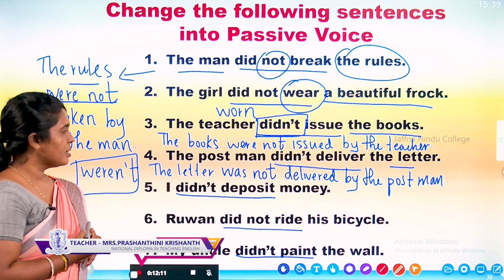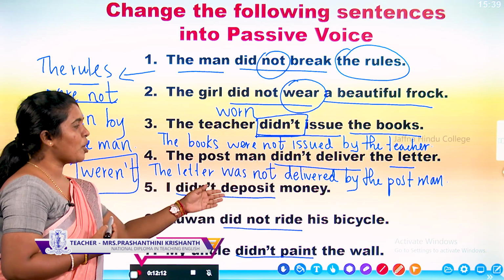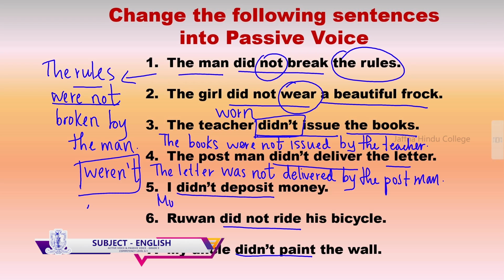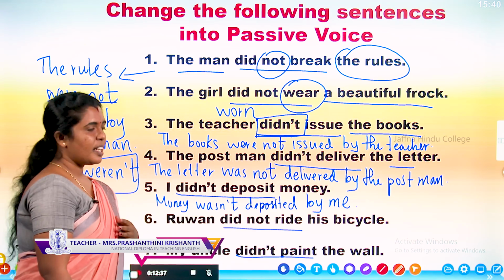Number 5. I didn't deposit money. Right? So money wasn't deposited. Deposited by whom? I will be changed there as me. By me. Right?